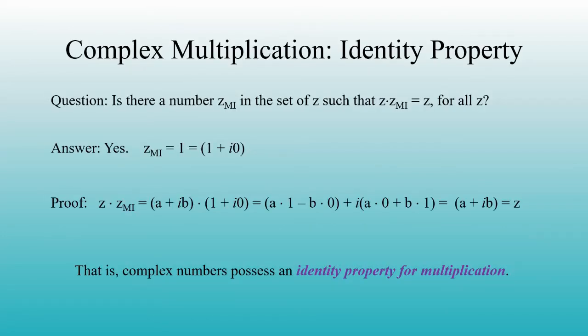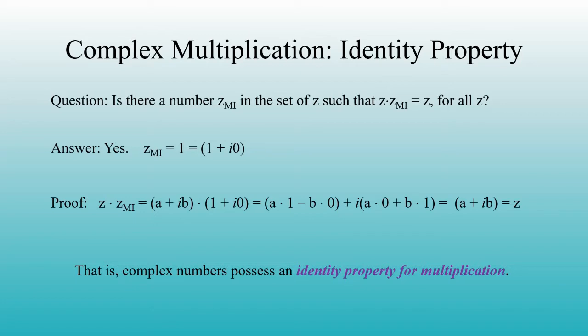We're not done yet. We still need to investigate the identity and inverse properties for multiplication because we need the latter to define complex division. Again, we ask the fundamental question, in the set of complex numbers, is there a number z sub mi for multiplicative identity this time, such that z times z sub mi equals z for all z?